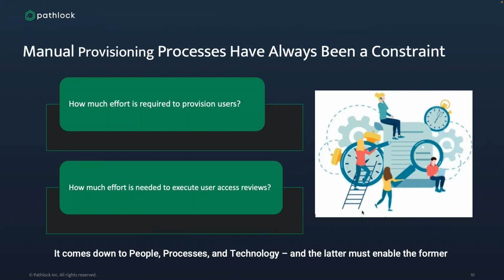So another thing that we talk about with securing your application sets is manual provisioning processes. They have always been a constraint, and it's always something very tedious inside of an organization. If you think about, as a whole, what's required to provision your users inside of your system, and how much effort it is to do an access review.